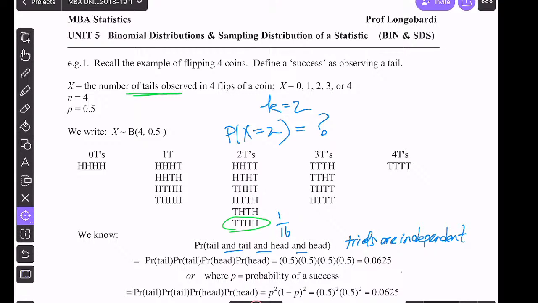Now this works across the board for all binomials because we always make sure there's only 2 possibilities, a success or a failure. That's right, it's 1 minus P.